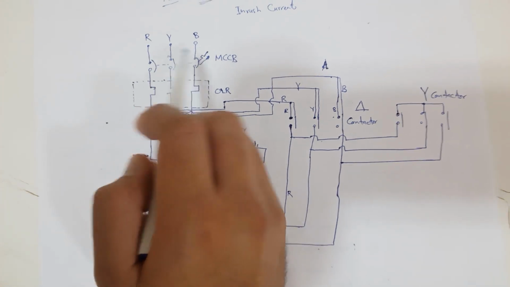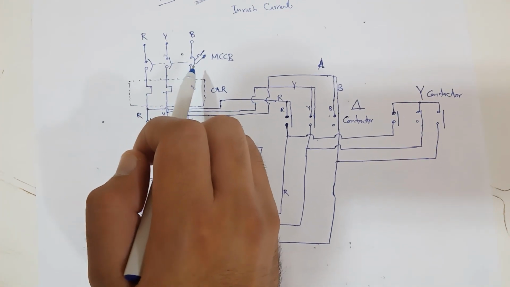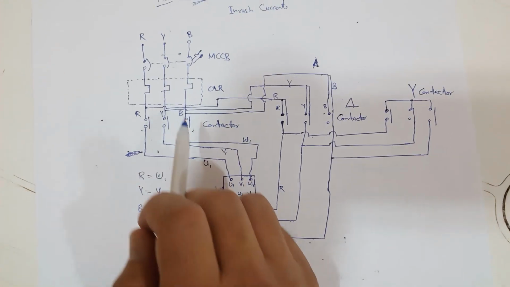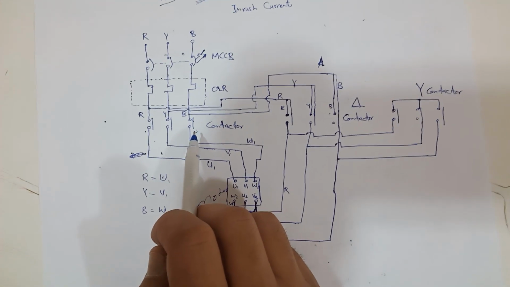So here we have the supply red, yellow, blue. It comes directly to the MCCB, and from the MCCB it goes to the overload relay. From the overload relay it comes to the contactor.